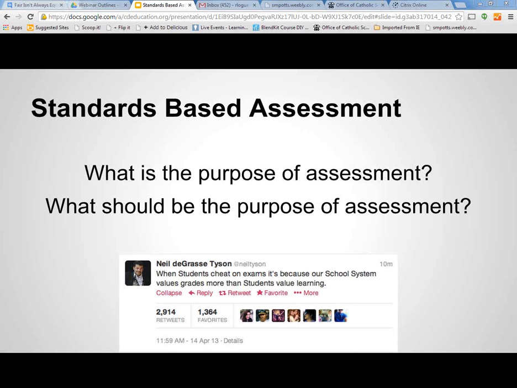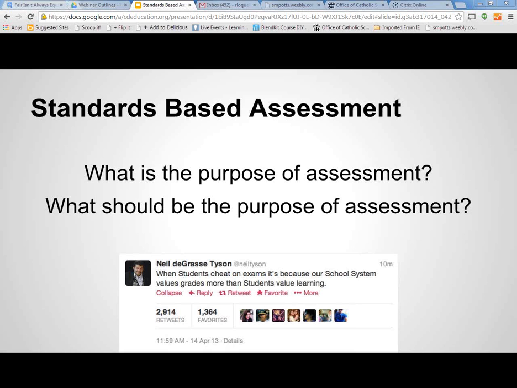Really what it should be is to improve both the students' learning and the teachers' teaching. That should be the purpose. It's an ongoing process. It happens all the time. So what makes assessment for learning really effective is how the information is used. That is really a couple of key points. So the purpose of assessment, how are you currently using it? And then the other thing, how should it be used?